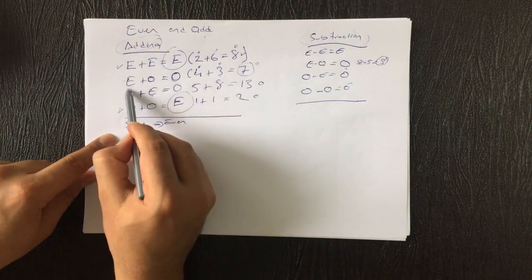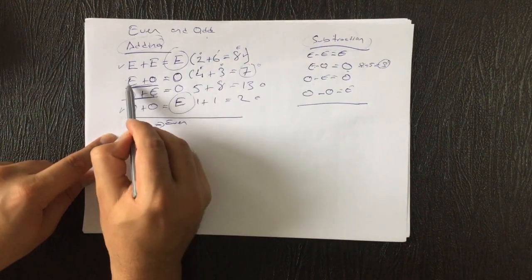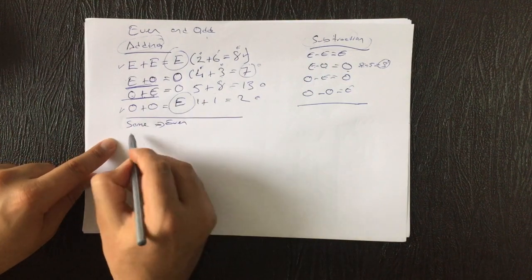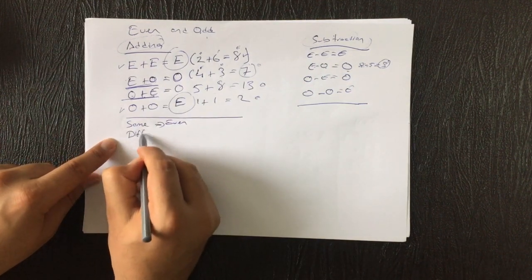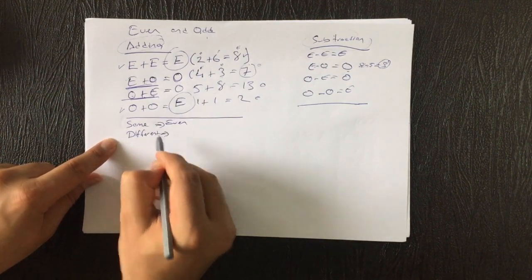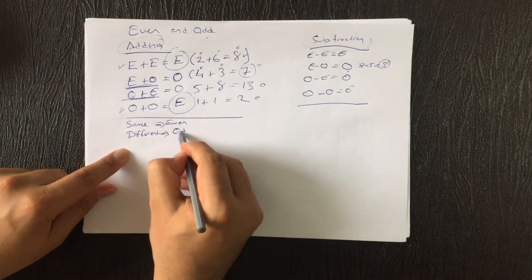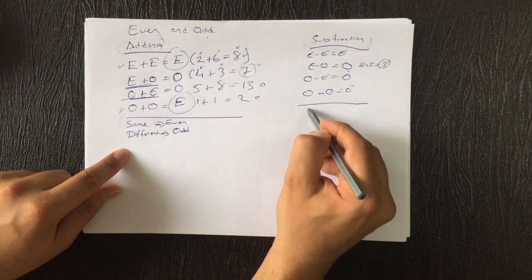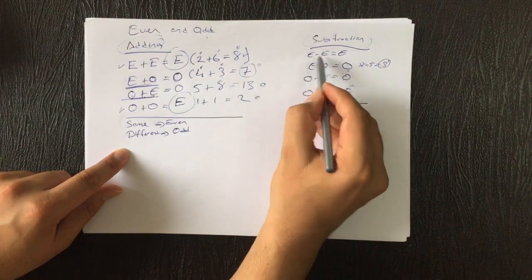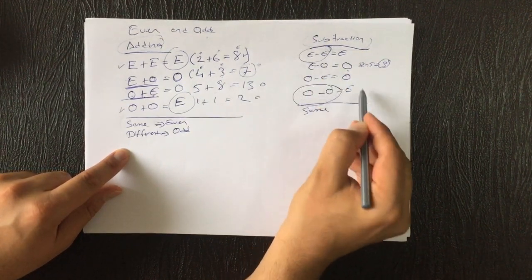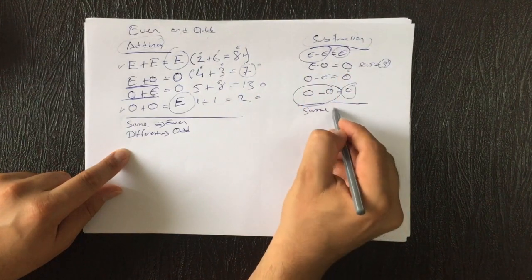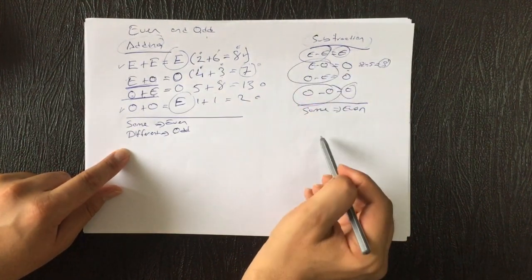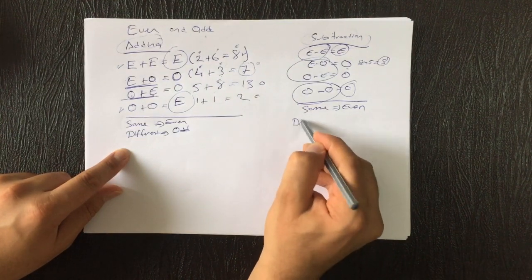So different: even plus odd, odd plus even, they are different. If they are different, then the result must be odd. It is the same thing for subtraction too. Same, look, same. What is that? They are even. So what about these ones? They are different.